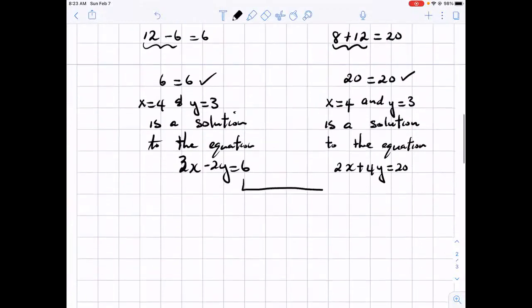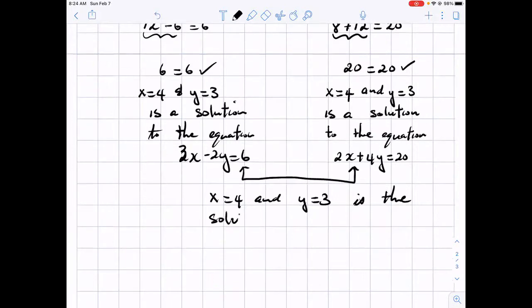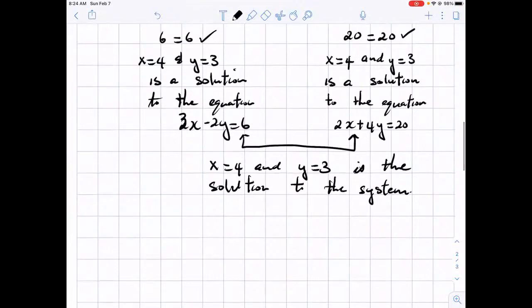And since it is a solution to both equations, then x equals 4 and y equals 3 is the solution to the system. It must satisfy both equations. If it does not satisfy both equations, then it is not a solution.